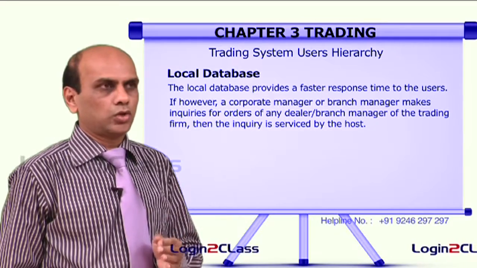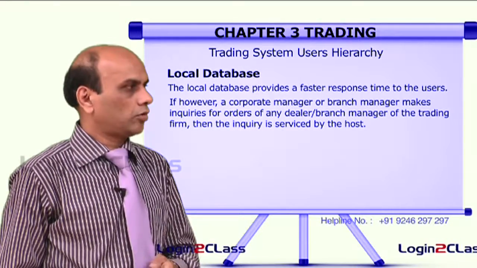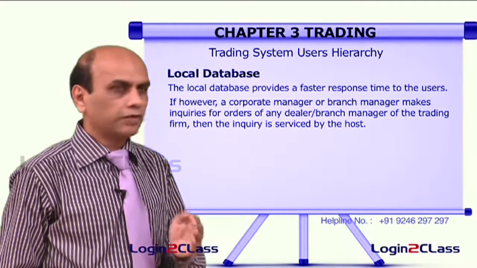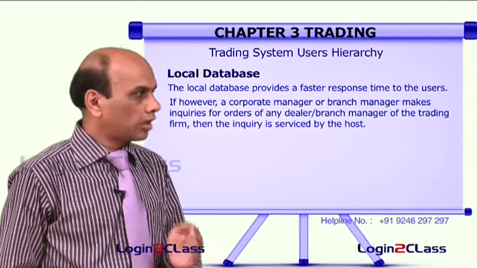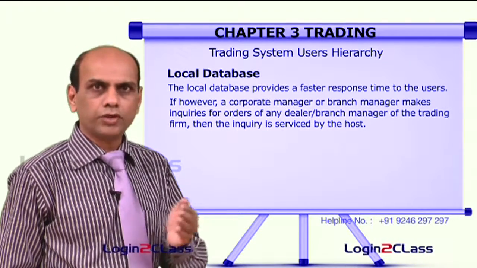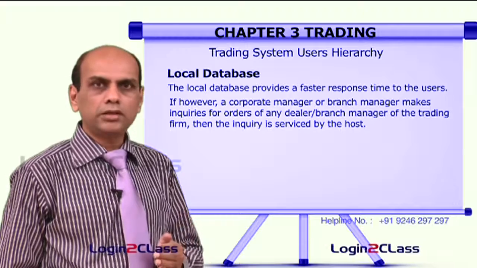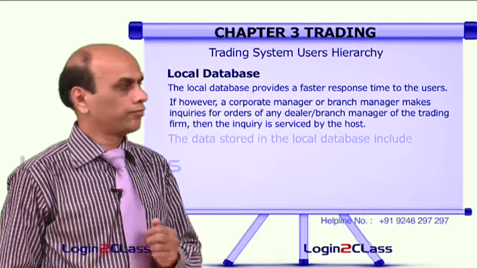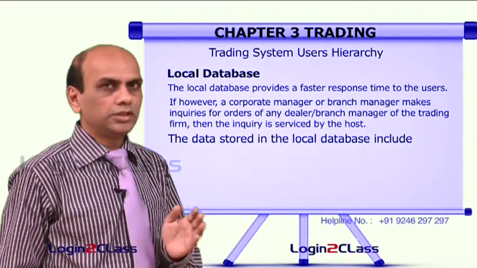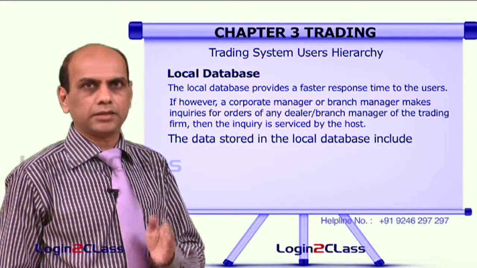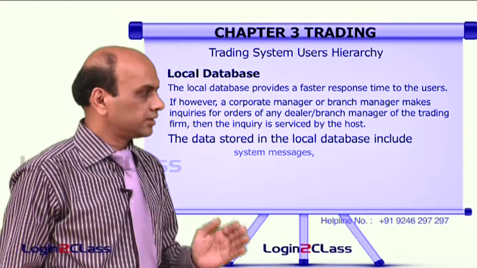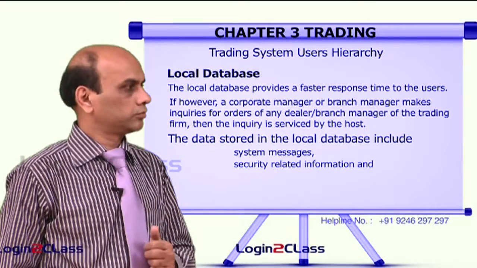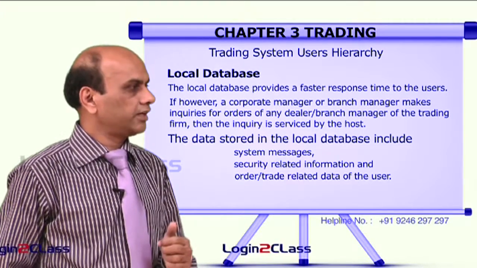If, however, a corporate manager or branch manager makes inquiries for orders of any dealer or branch manager of the trading firm, then the inquiry is serviced by the host. The data stored in this local database include system messages, security related information, order and trade related data of the user.